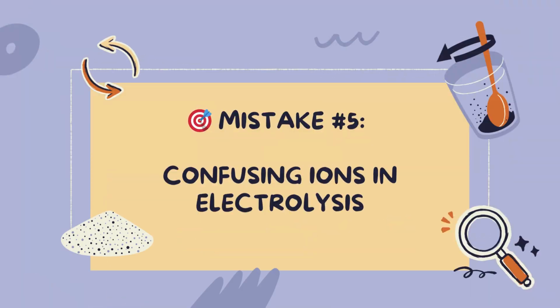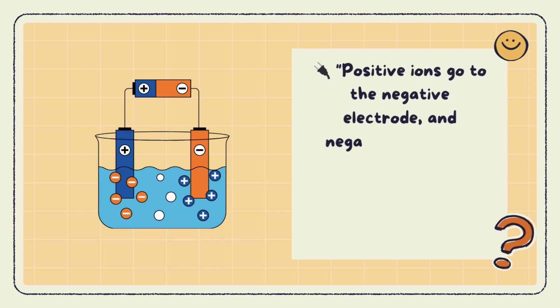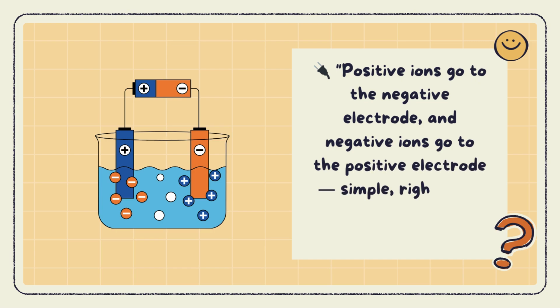Mistake number 5. Confusing ions in electrolysis. That's a very common mistake. Students don't know what the ions are in electrolysis. Positive ions go to the negative electrode and the negative ions go to the positive electrode. Simple as that. But this flips in so many answers.